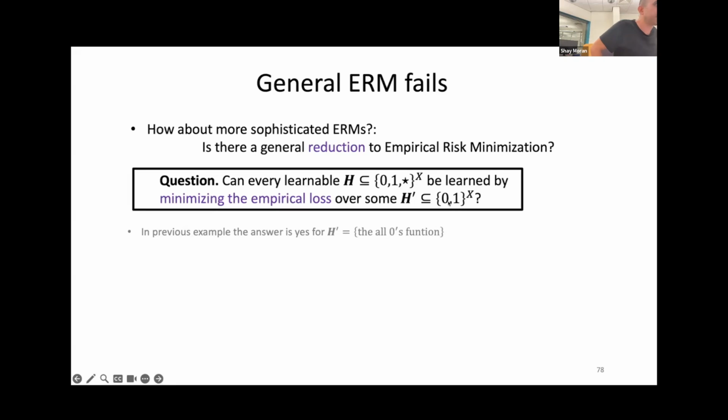Is it the case that for every partial concept class H, there is a total class H prime, such that when you apply empirical risk minimization over H prime, you learn H? Is there a reduction from learning partial concept classes to empirical risk minimization?